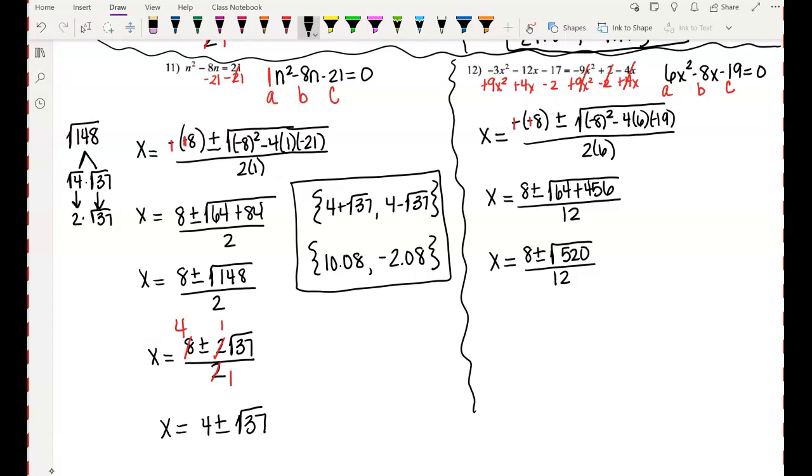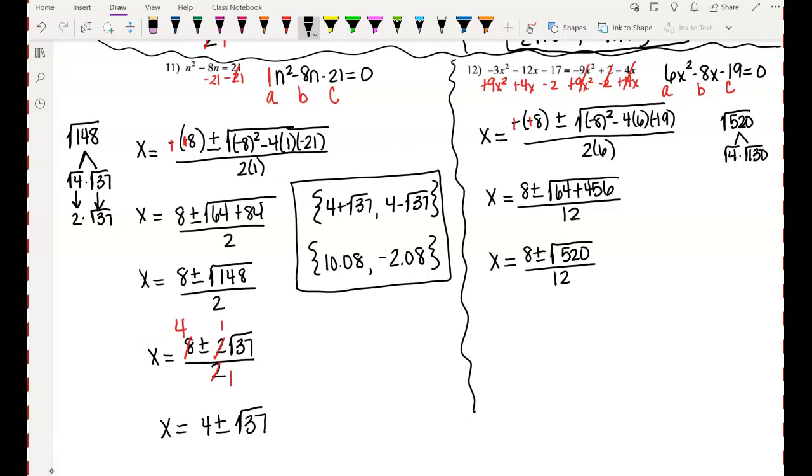So to simplify my radical, I always feel like I kind of go to my safe number of 4. So I know that's the square root of 4 times the square root of 130. 130 is not divisible by 4. 130 is not divisible by 9. 130 is not divisible by 16.